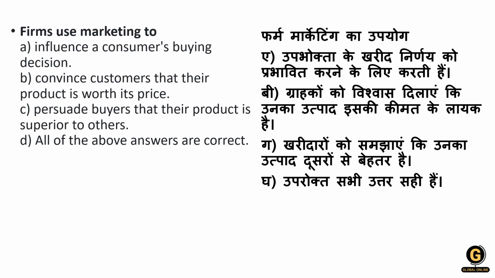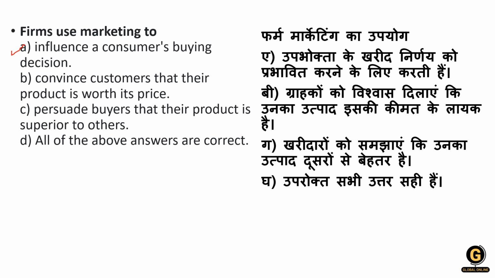Okay, let's see one by one. Influence the consumer's buying decisions. Marketing always influences consumers' buying decisions. This statement is true about firms' marketing. Convince customers that their product is worth its price. This is also right, because while marketing, everyone makes clear that their product is worth its price.